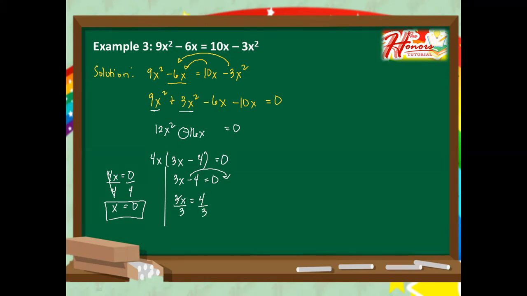So divide both sides by 3, and then cancel this. It will become x equals 4 over 3. And that is for example number 3. So the roots of the equation 9x squared minus 6x equals 10x minus 3x squared are 0 and 4 over 3.